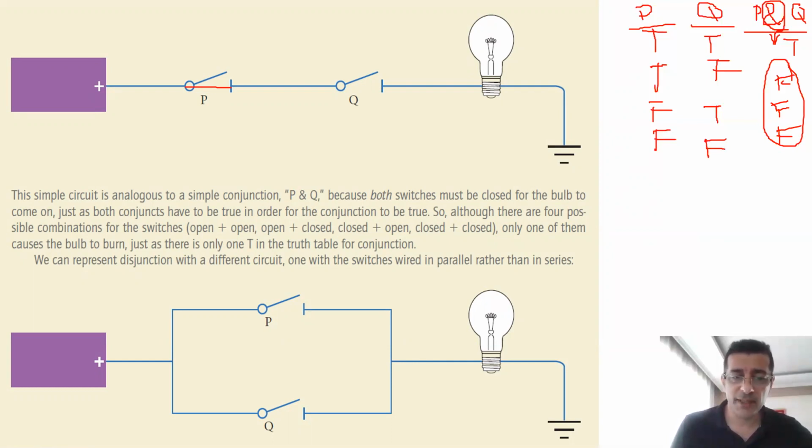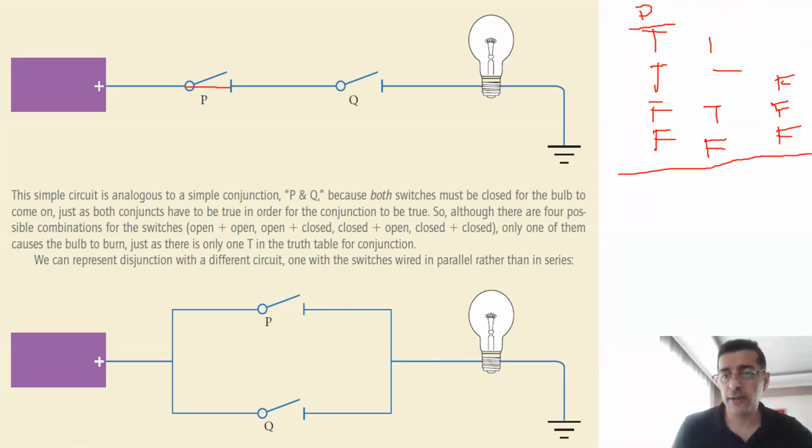And the second picture would be the disjunct function. Again, I'll have P and write Q again, all right?